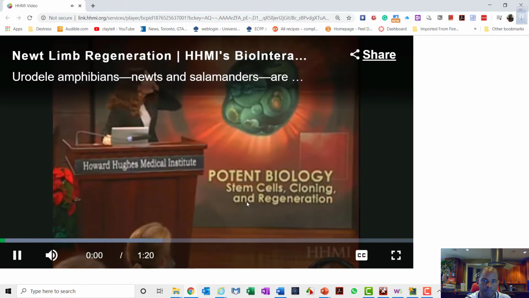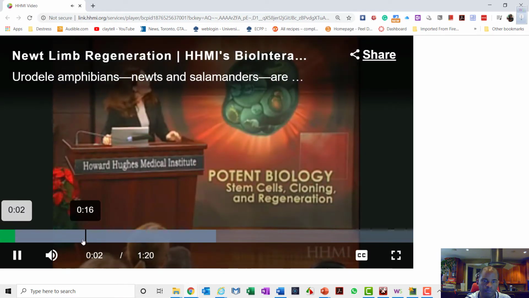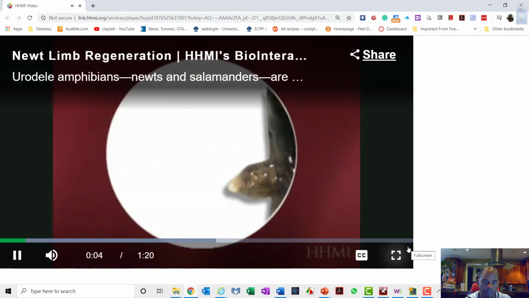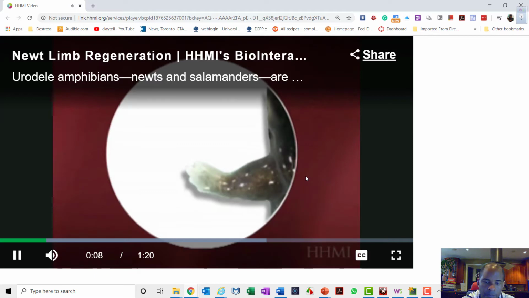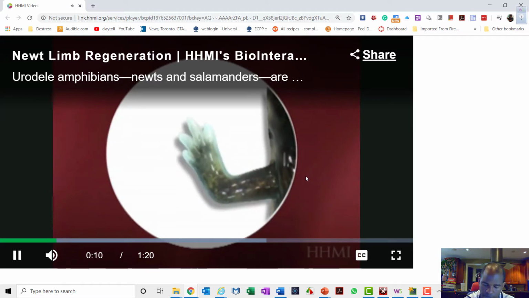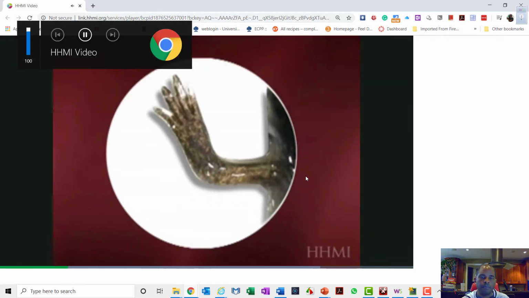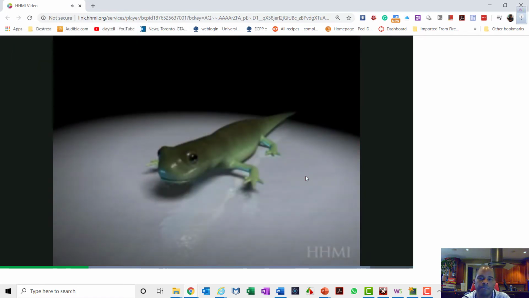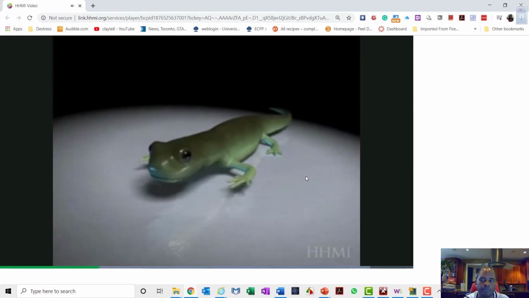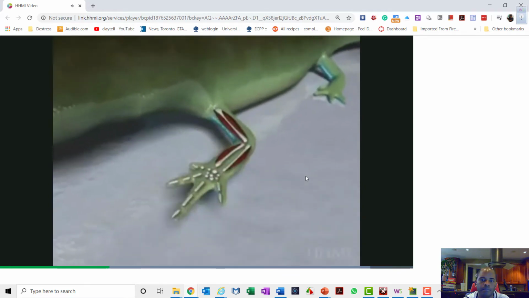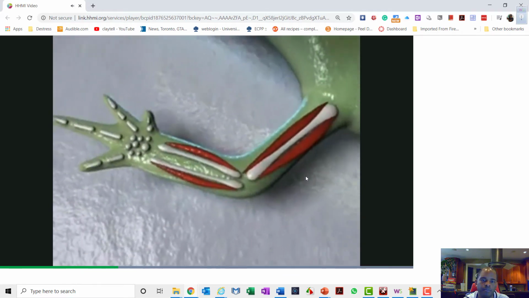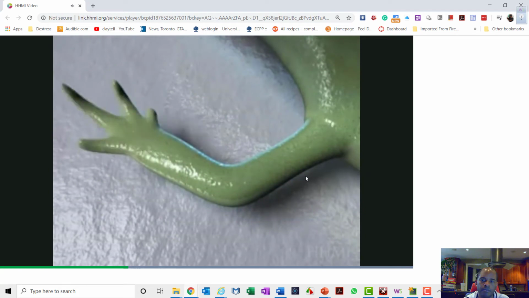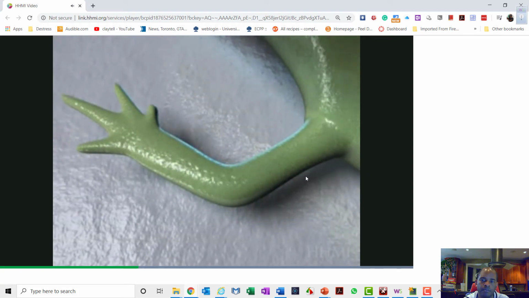Now, we're going to have a look at the way in which an amputated limb grows over the course of about 90 days in a salamander. That's a time-lapse movie, watching that thing grow. And now we're going to see what's really going on. Here's the salamander, and it's got a completely new limb. It looks perfect. It has inside bone, it has nerves and muscle, and it can even wiggle.